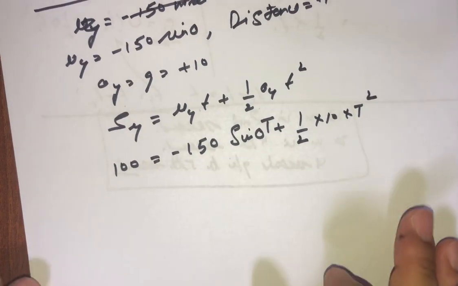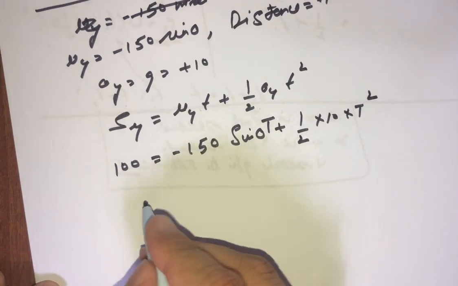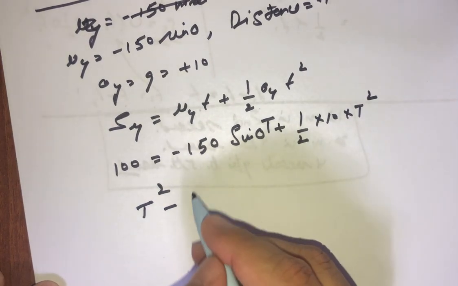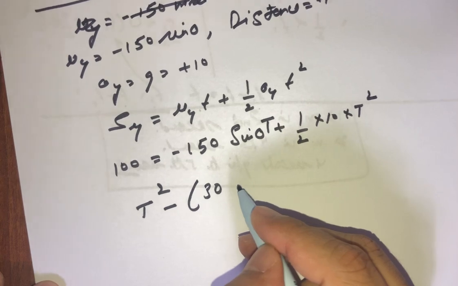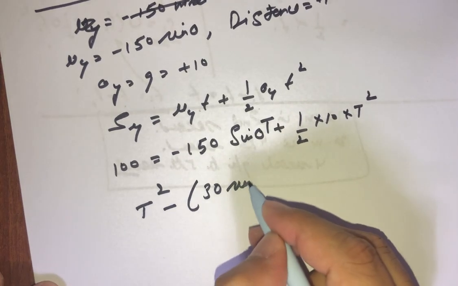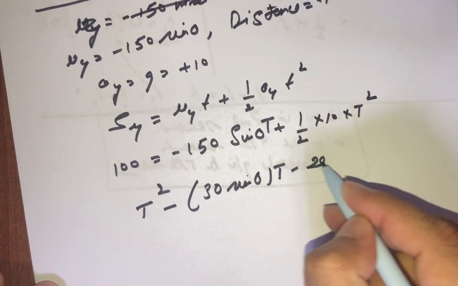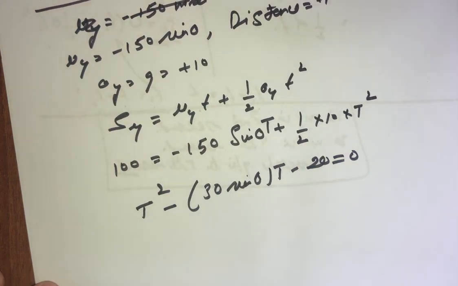So this will be a quadratic equation in t: t squared minus 30 sin theta multiplied by t minus 20 is equal to 0.